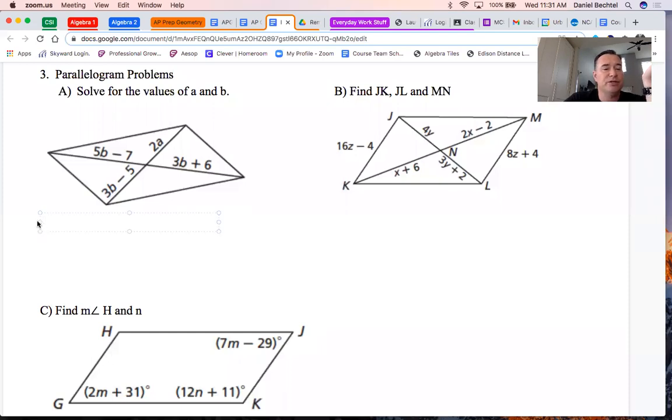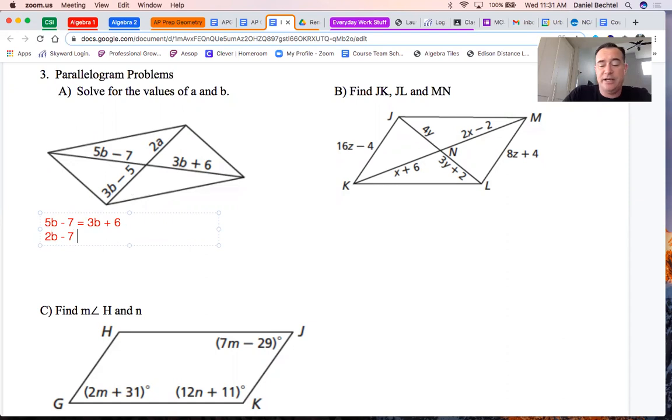So when we start this off, we can say that 5B minus 7 is equal to 3B plus 6. Now, when you're solving an equation that has something like this, the first thing that you want to do is get the b's on the same side. So I'm going to subtract 3b from both sides to cancel it out over here and bring it over here. 5b minus the 3b is going to give me a 2b on this side.